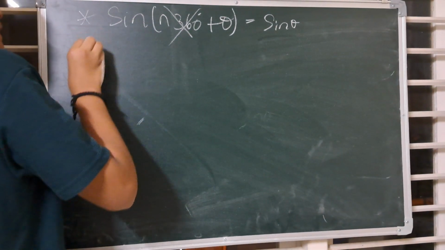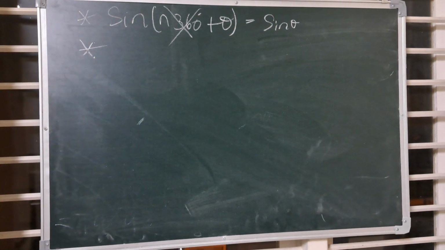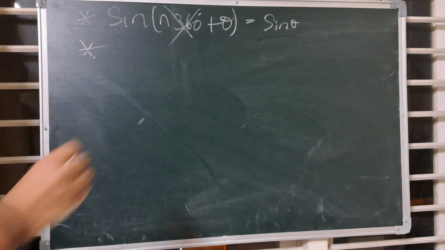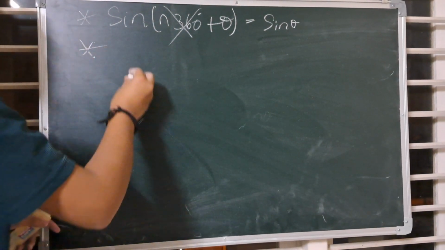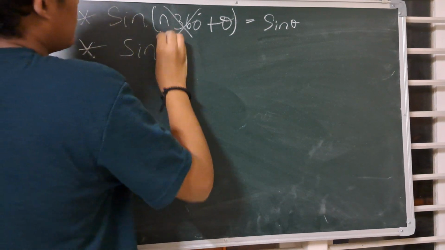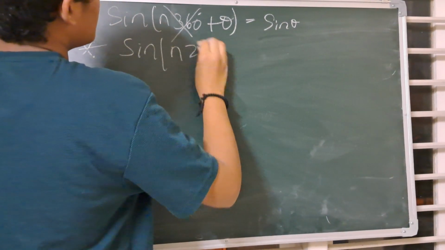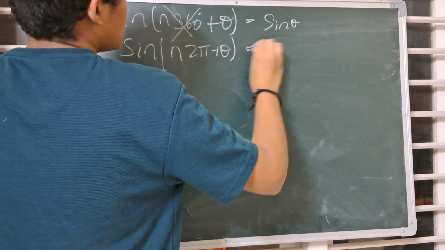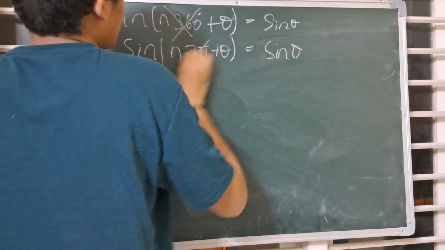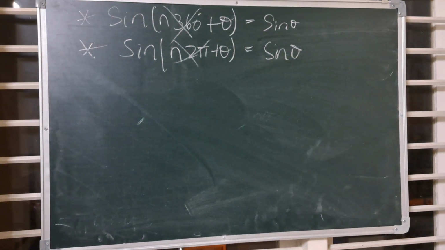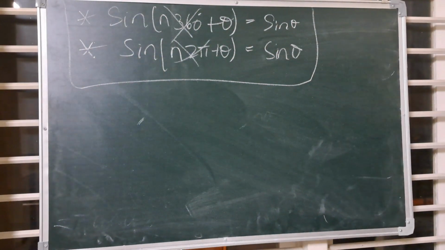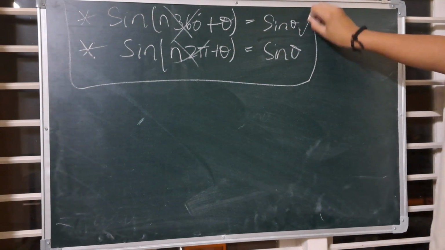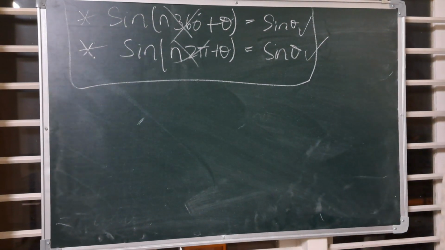Now, another important formula, the same formula which I will write in radian measure: sine of n into 2 pi plus theta will be sine theta. We ignore this n into 2 pi. So both the formulas are the same. I have just written one in degree measure and the other in radian measure.